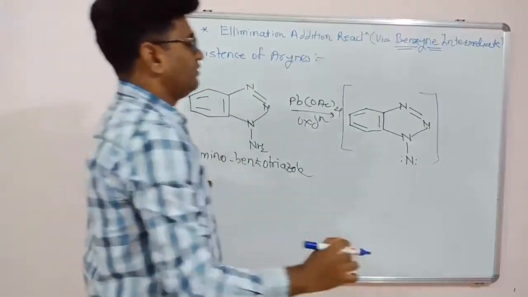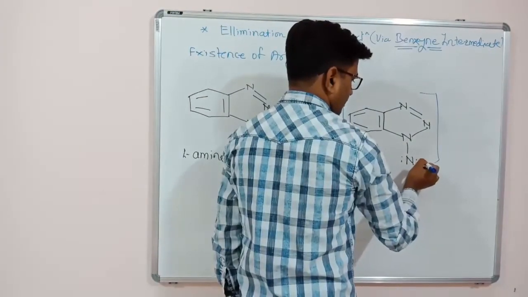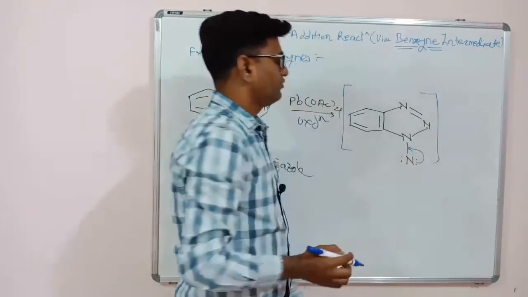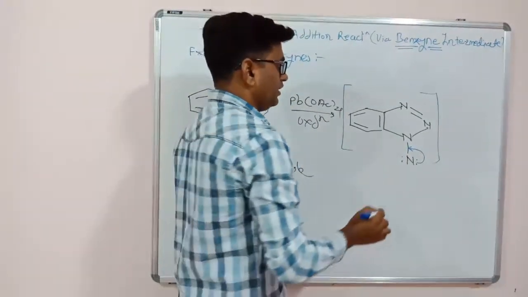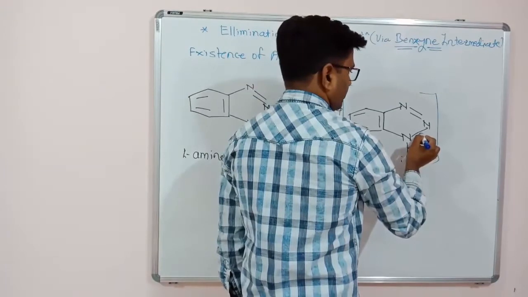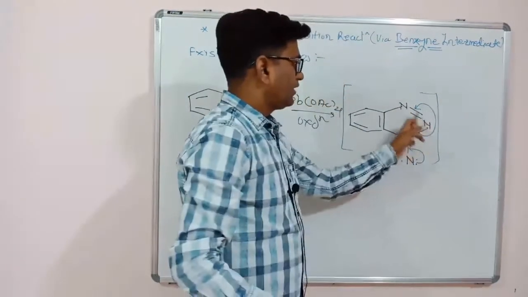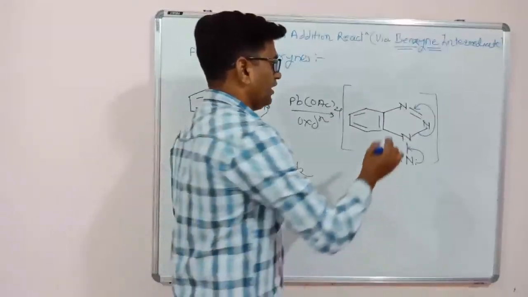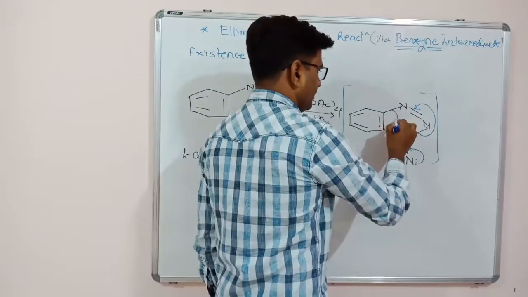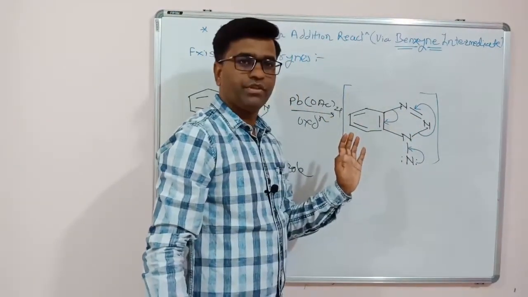So what will happen? That will break. See here how: these 2 electrons go over here to form a nitrogen double bond. So this bond will break, those electrons go over here, so nitrogen forms a triple bond, meaning a nitrogen molecule. This electron comes over here, so this carbon forms a triple bond.